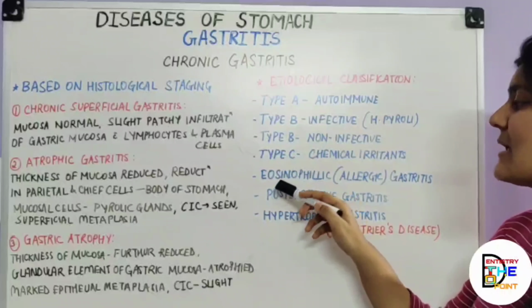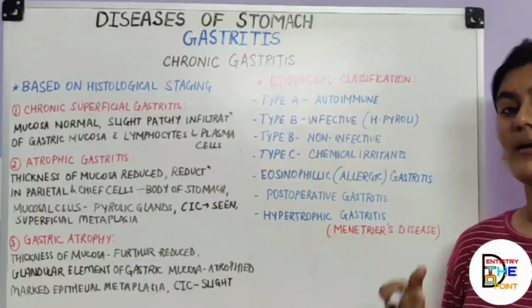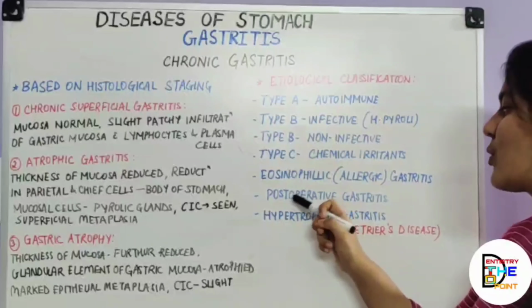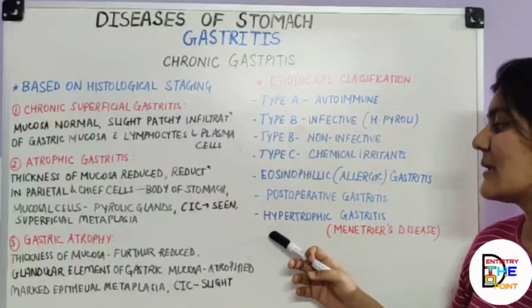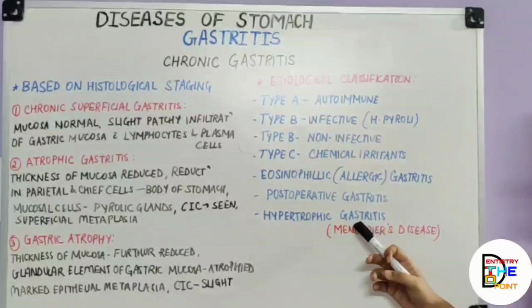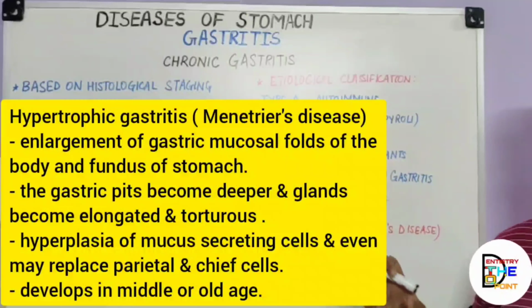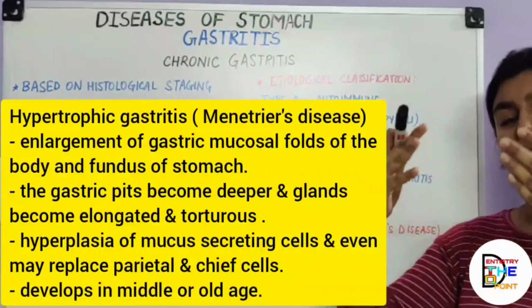Then again the next type is eosinophilic or allergic gastritis, obviously where the underlying cause is any kind of eczema, allergy or asthma. Then you have post-operative gastritis, and now there is a separate variant which is the last type, that is hypertrophic gastritis, also known as Menetrier disease. Now hypertrophic, as the word is understood, atrophic means reduction, hypertrophy means enlargement.